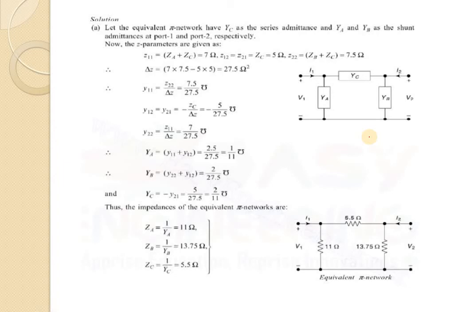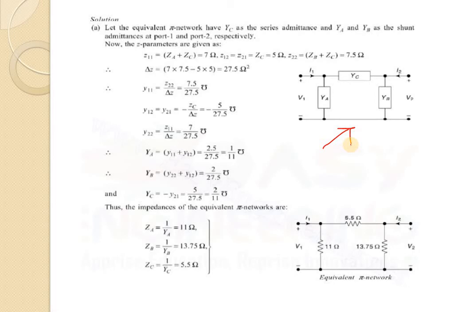Let the equivalent pi network have YC as the series admittance, and YA, YB as the shunt admittances at port A and port B respectively. That means we have taken the circuit of the pi network and we are considering the admittances as YA, YB and YC.